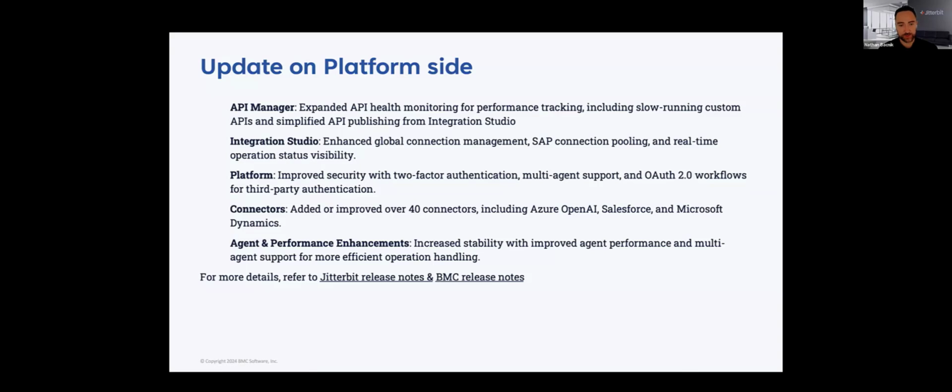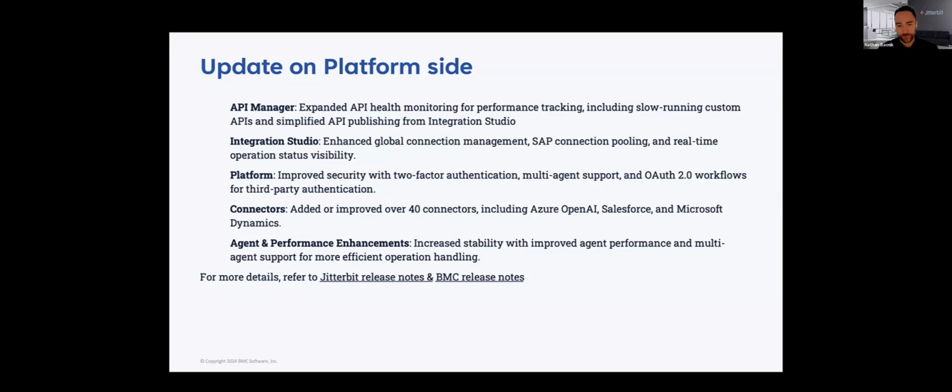But we're always trying to enhance those features, since it is the runtime. It is one of the core aspects of the platform itself. So we've increased the stability, improved the agent performance, and improved how our high availability is managed. That's the multi-agent support, so that operations are delegated more efficiently and run smoothly.